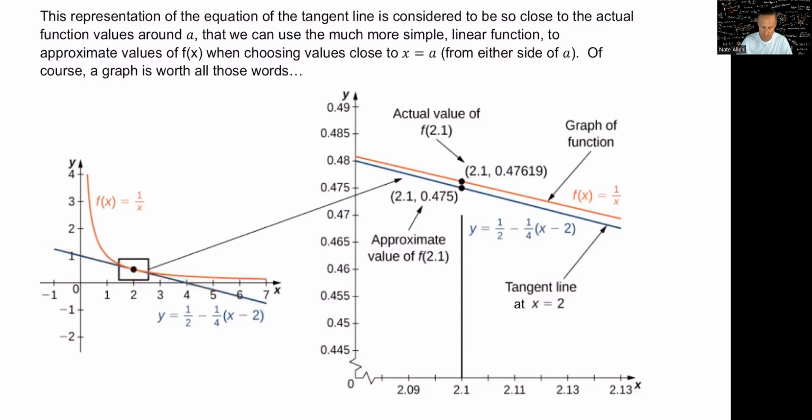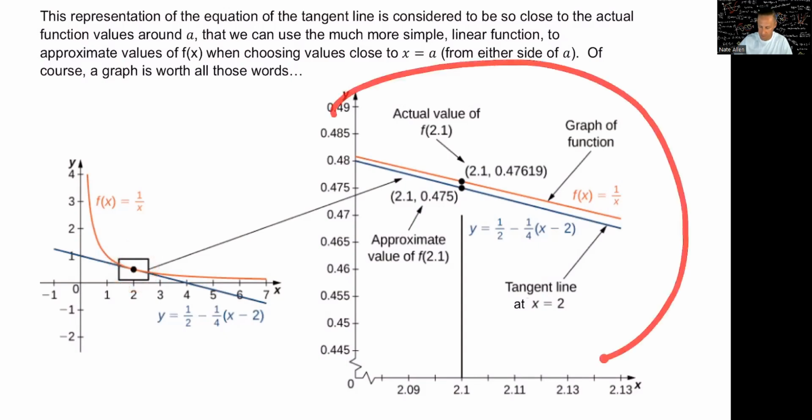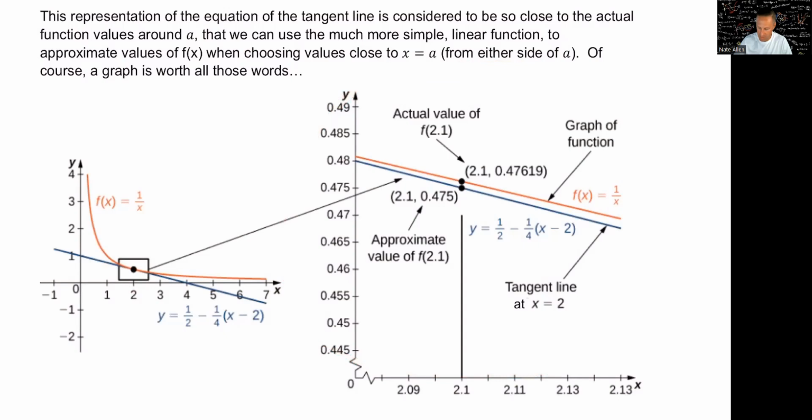Well, if you zoomed in right around that value of 2, if you look a little bit to the right or to the left, or locally, like we talked about before, you'll notice that the blue and the orange don't seem to be much different. And again, notice how much we've zoomed in.